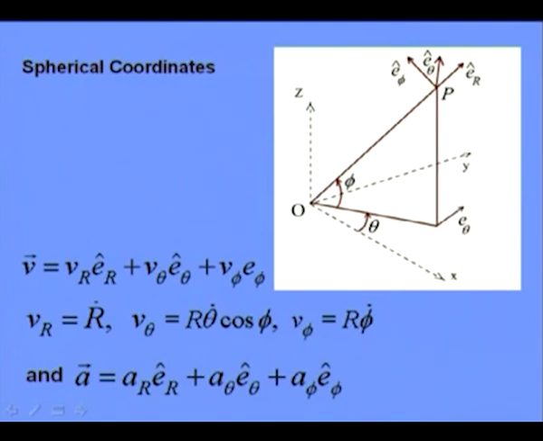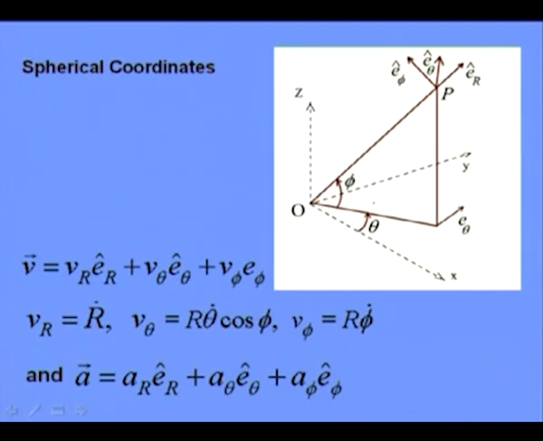This makes angle theta here, that is this one. So in the cylindrical coordinates we have r, theta, z. Similarly, in the spherical coordinates, one coordinate is OP, that is the radial distance of the point P from O. Then we have theta, then we have phi.